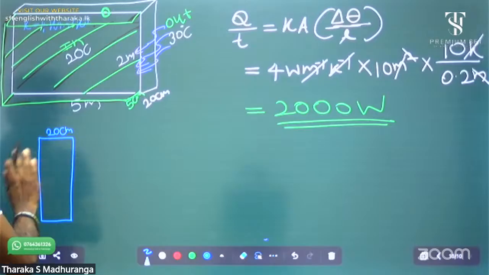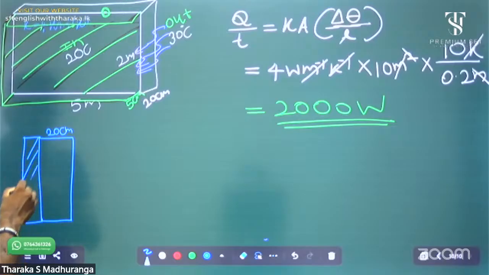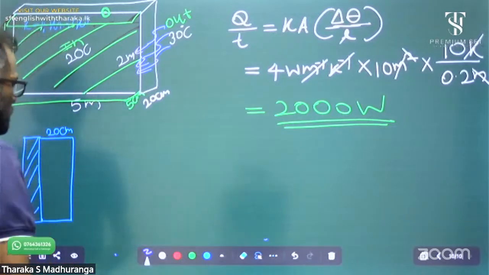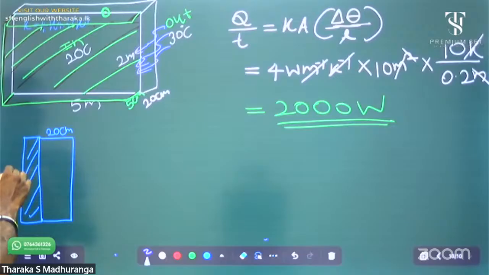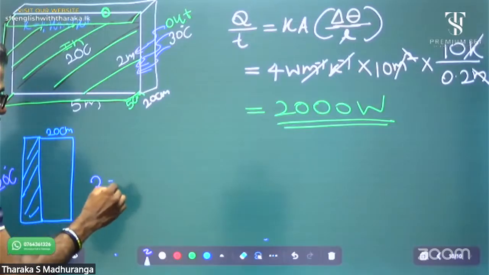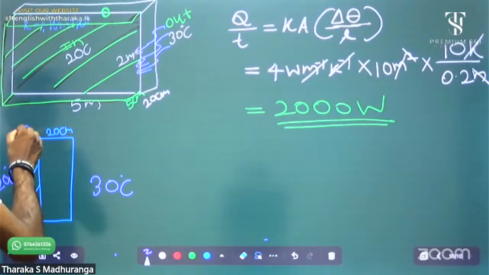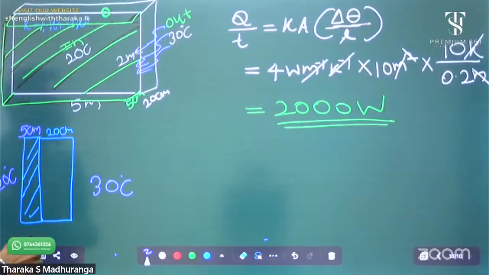This is the inside, this is outside. Inside, there is another 5 centimeter wooden block. It's a cross section of the wall. The inside temperature is 20 Celsius due to the air conditioner, the outside temperature is 30 Celsius, normal ambient temperature.